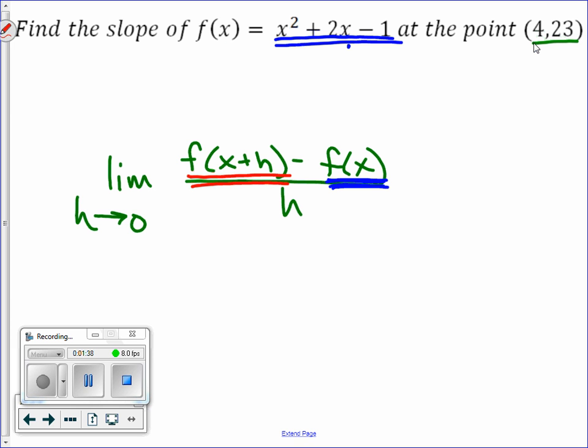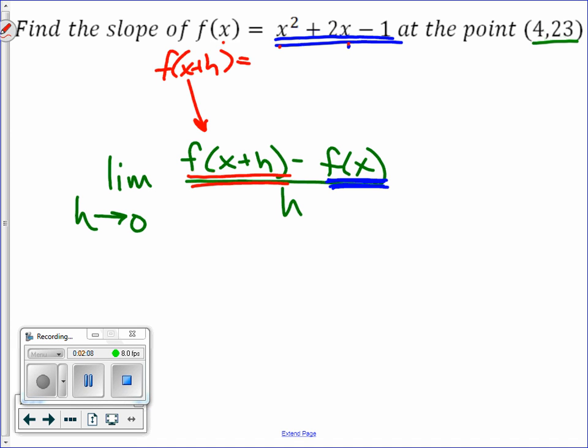Now listen, and I'll do this for the audience at home as well. If f of x is x squared plus 2x minus 1, everywhere there's an x, that's where I put the x plus h. So when I make this f of x plus h, which is going to be a part of what I need in here, I need to figure out, before I even go into this limit, what that's going to look like.